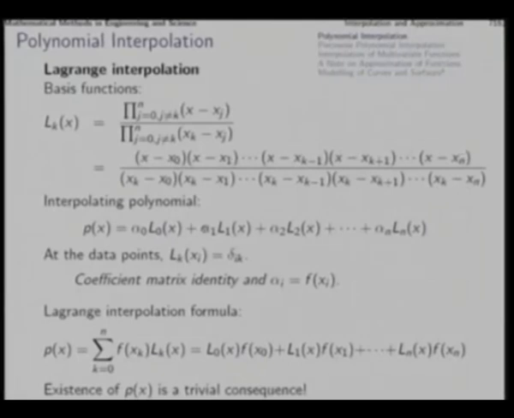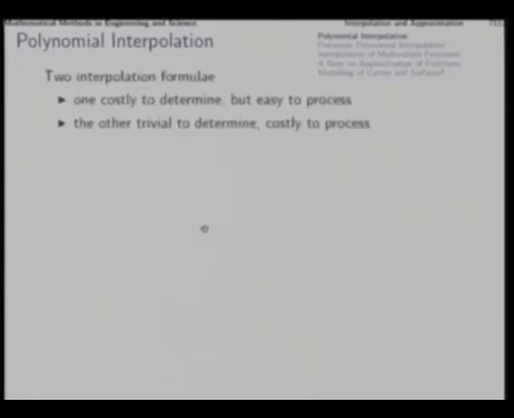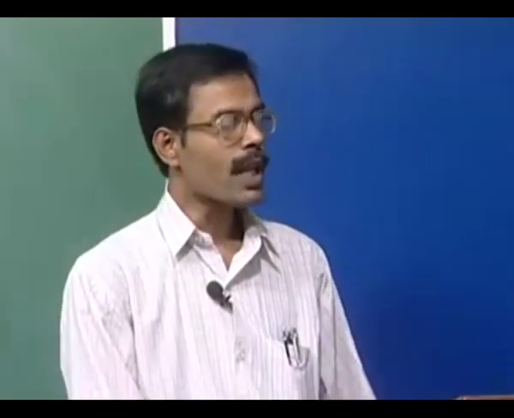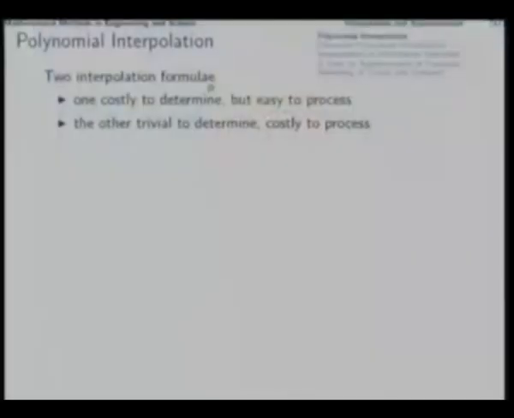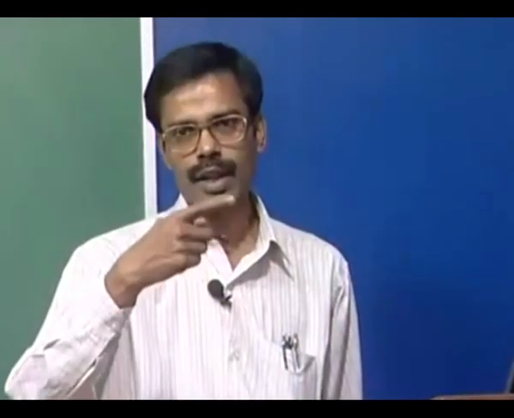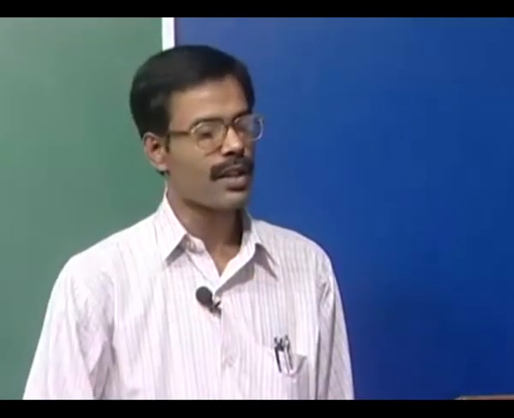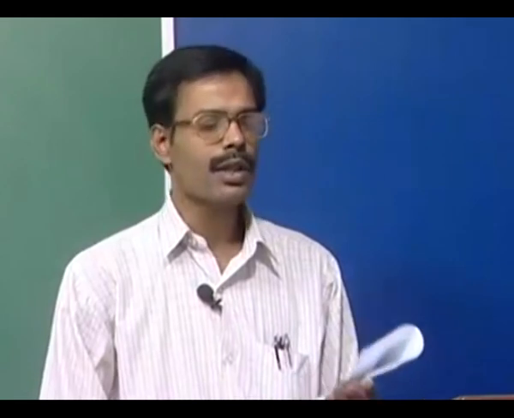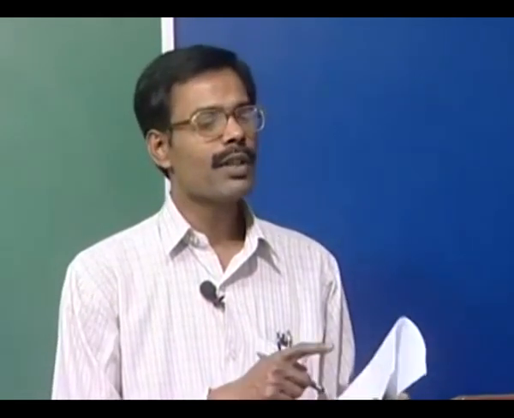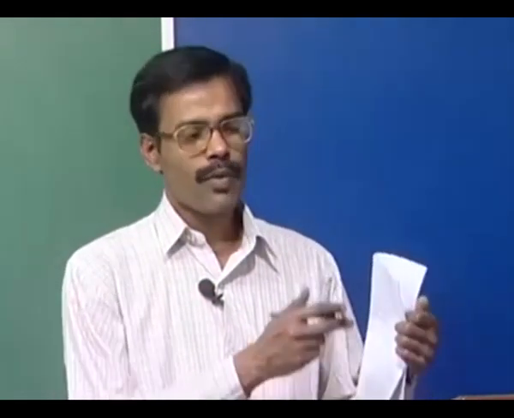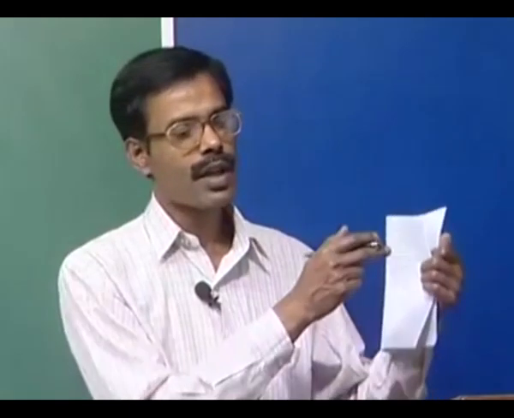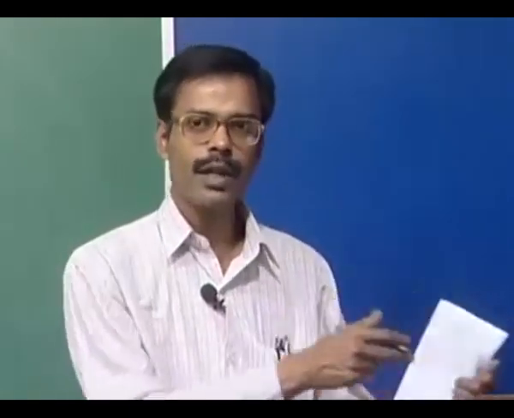So, here we have got two interpolation formulae: one costly to determine, with the basis functions 1, x, x square, etc., but easy to process afterwards. The other, the Lagrange interpolation, is trivial to determine, but costly to process later, for differentiation, integration, etc. Depending upon your situation and your need, you will be in a position to frame the polynomial coefficients and the basis functions either this way or that way.